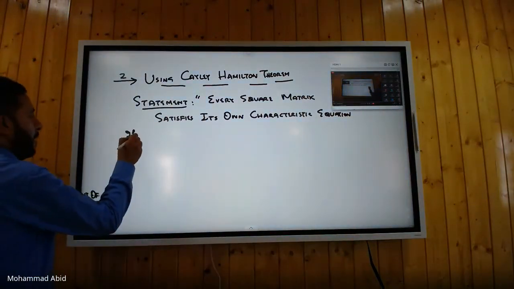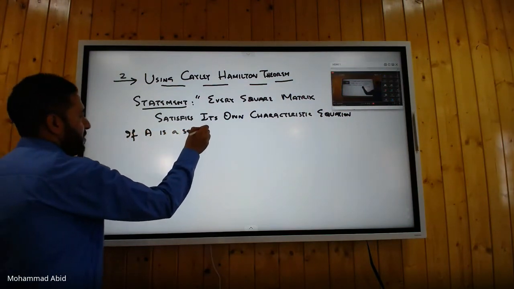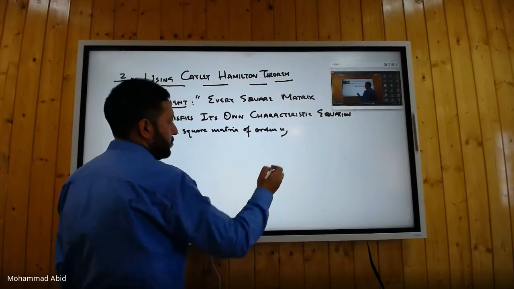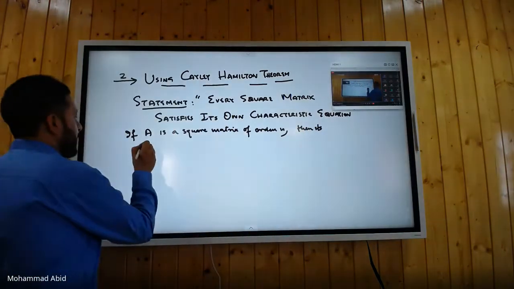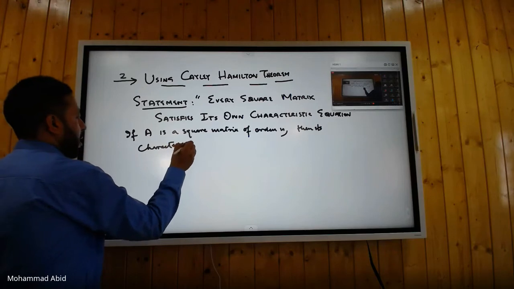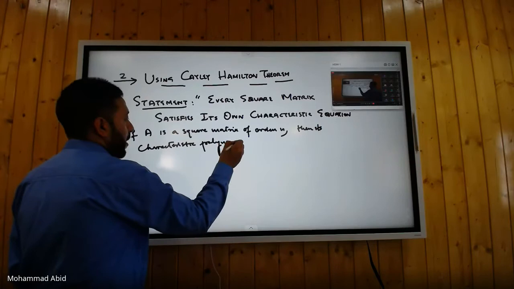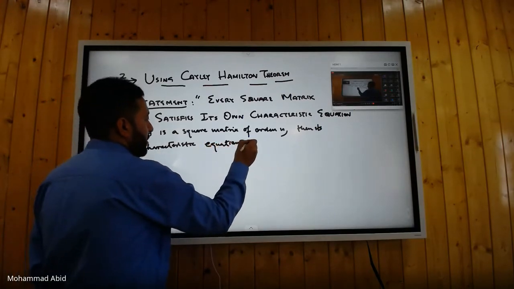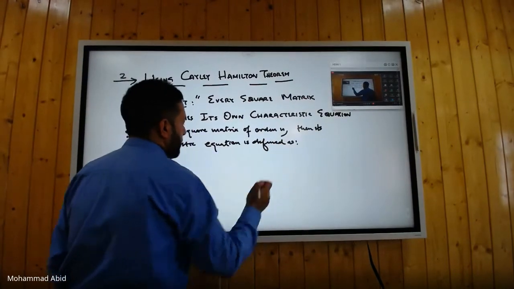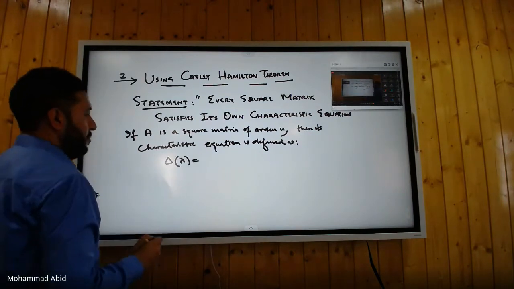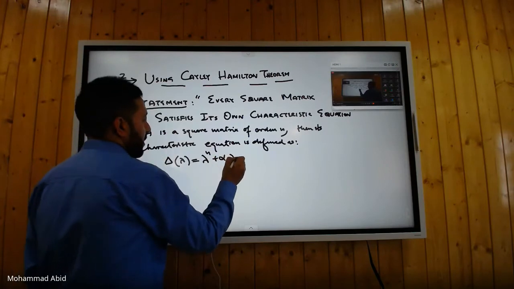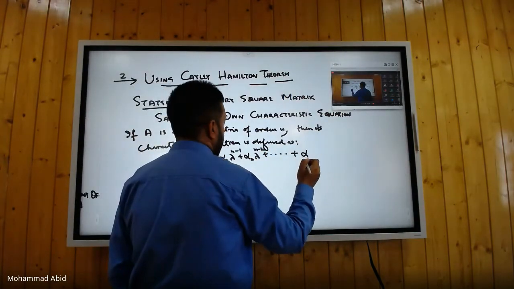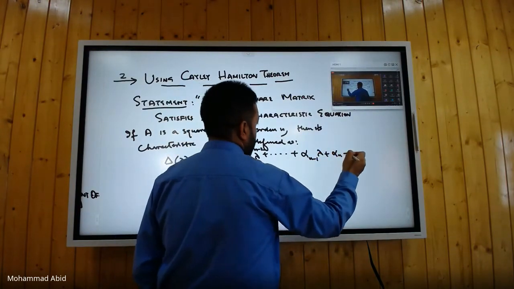So if A is a square matrix of order n, then its characteristic polynomial or characteristic equation is defined as delta(lambda) equal to, it's a polynomial actually, lambda to the n plus alpha 1 lambda raised to n minus 1 plus alpha 2 lambda raised to n minus 2 plus so on, alpha n minus 1 lambda plus alpha n equal to 0.